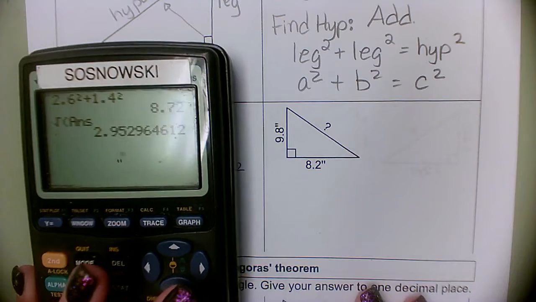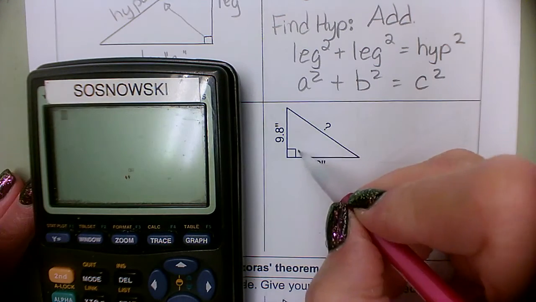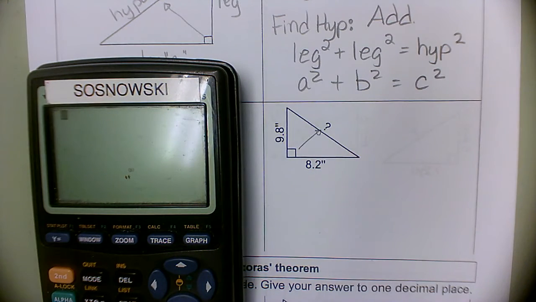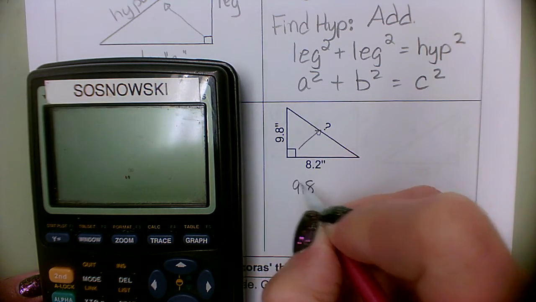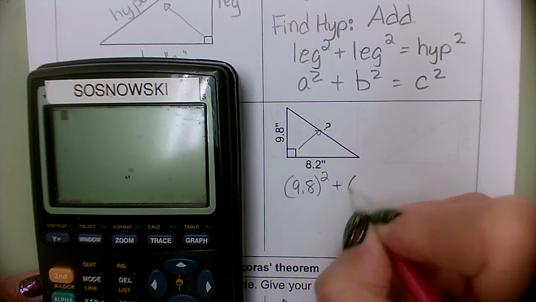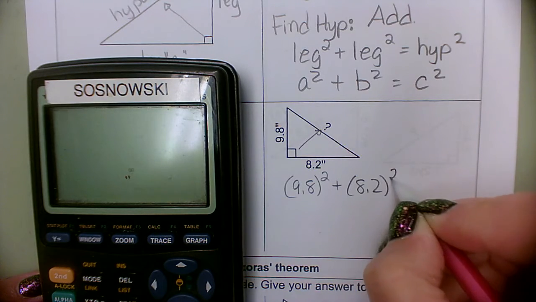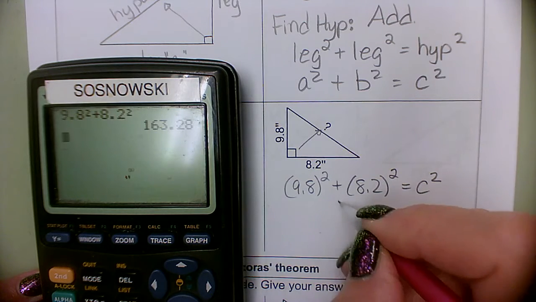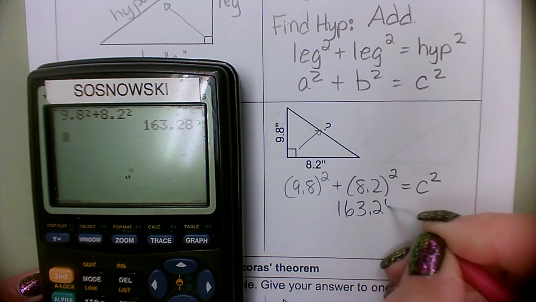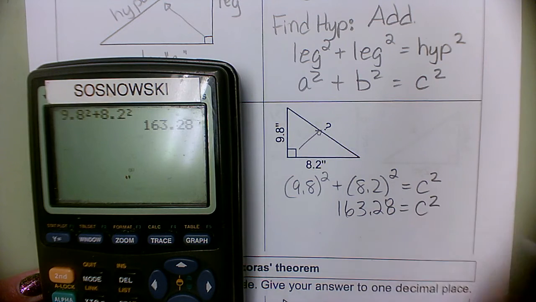Okay, let's try that again. This time I'm going to put my calculator on this side. Again, I'm finding my hypotenuse, so I'm going to square both of the sides and add them together. 9.8 squared plus 8.2 squared equals c squared. Punch that in your calculator, and it gives me 163.28 equaling the square of it.